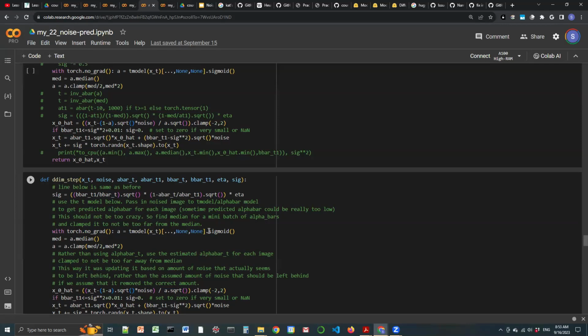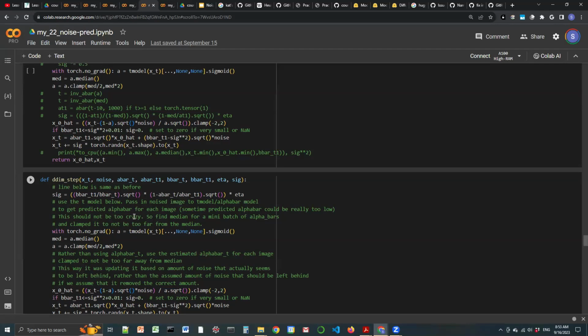Now, again, notice he is using the sigmoid to predict the alpha bar between the values of 0 and 1. And then for each image, this way, we ensure that we are using the predicted alpha bar, right?